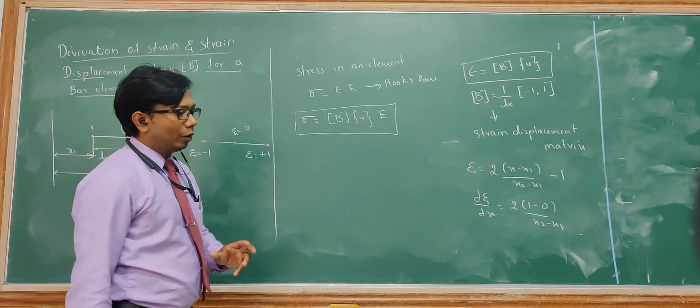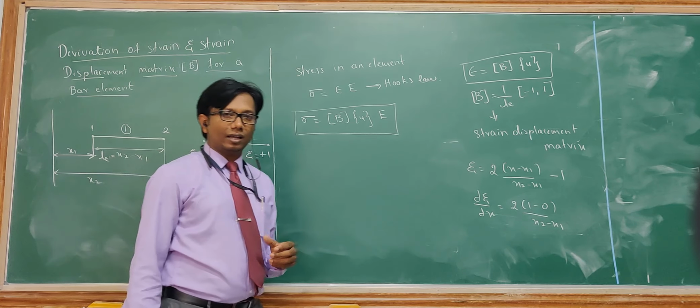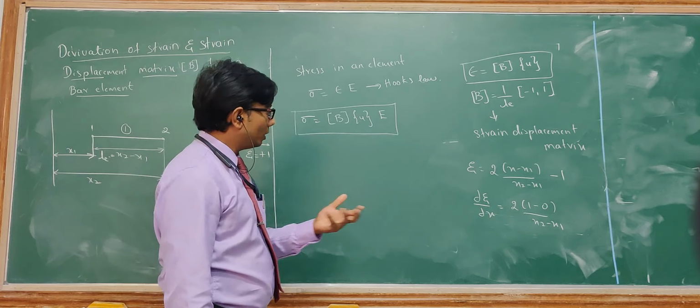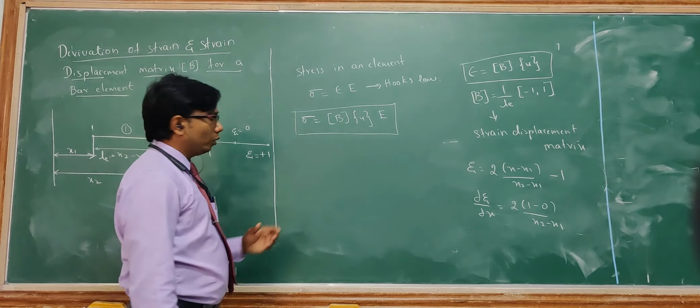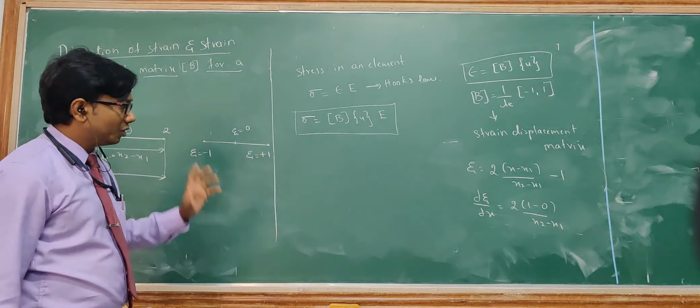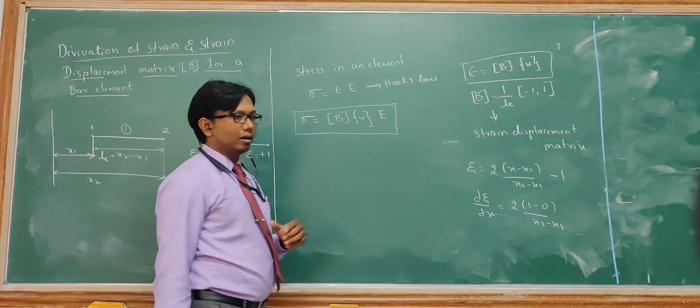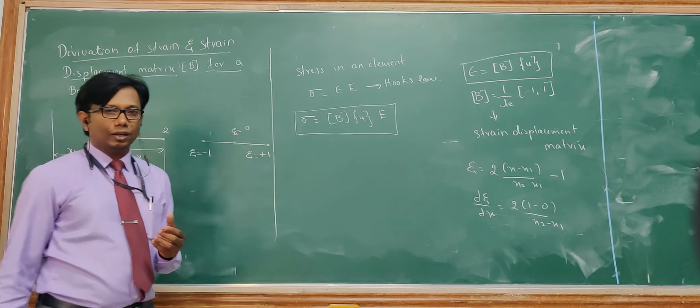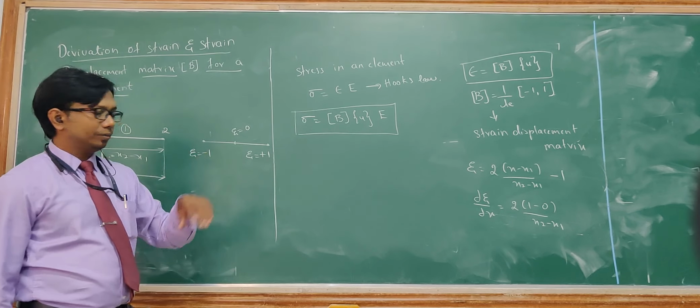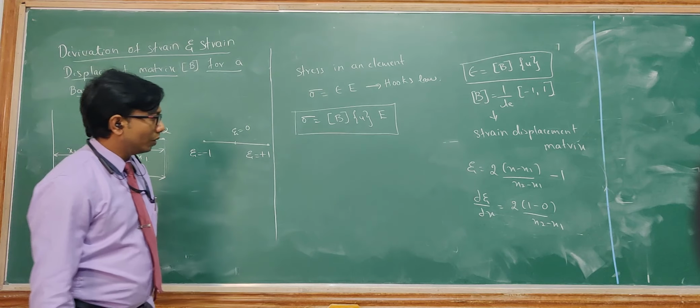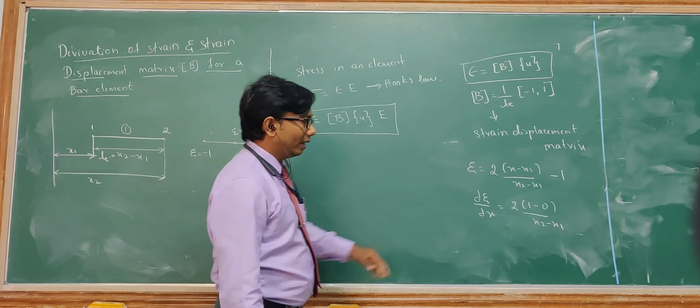Then dou u by dou x can be modified as dou u by dou zeta into dou zeta by dou x. So dou u by dou zeta can be determined from the shape function equation for the natural coordinate system, which we got as 1 by 2 into minus u1 plus u2, and dou zeta by dou x we got as 2 by LE.